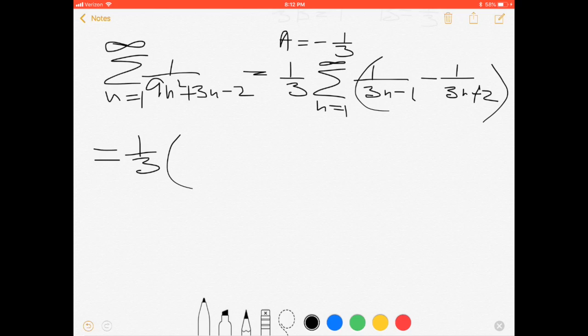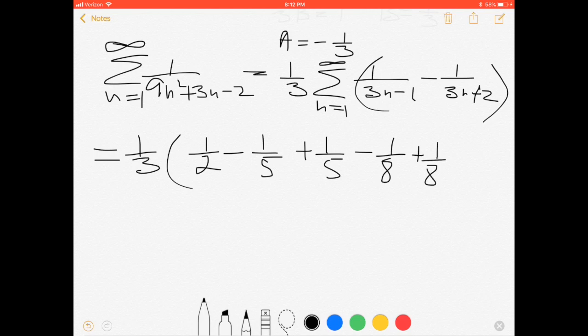Here we have n equal 1, this means 1/2 minus 1/5. N equal 2, it will be plus 1/5 minus 1/8, plus 1/8 minus 1/11, and continue.